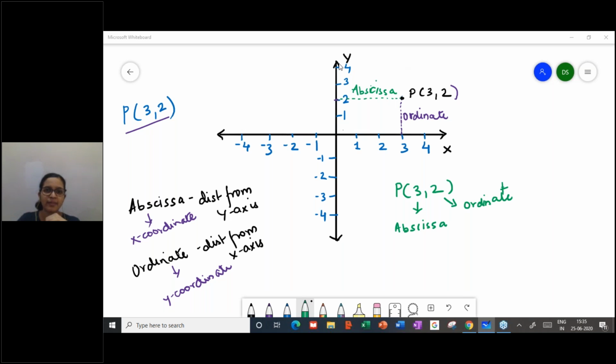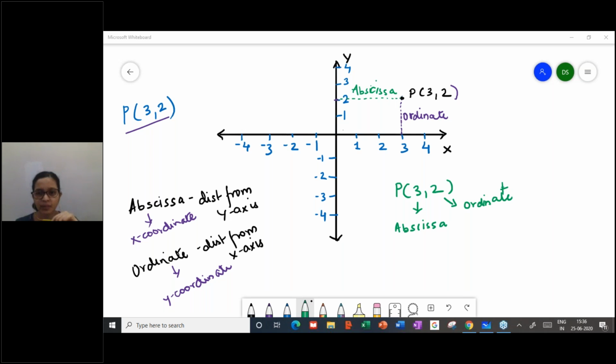Now, for now, since I'm saying it's easy to remember that the first term is abscissa, the second term is ordinate, if I ask you after 5 minutes, maybe you might remember. If I ask you tomorrow, you might get confused whether the first one is abscissa or the second one is ordinate. So a trick here, I don't know if it helps, but I tried to remember using this, because after a while it gets confusing, right?